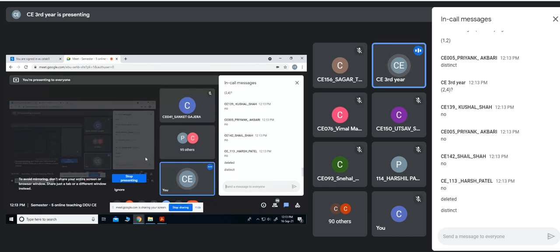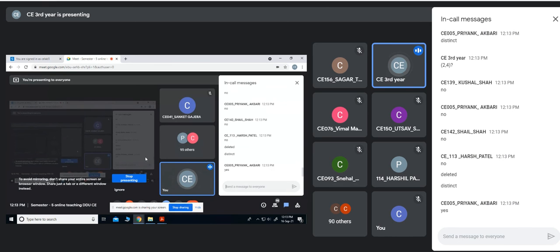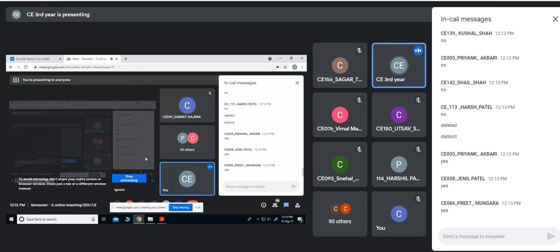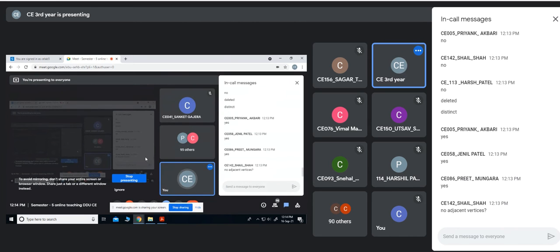No two elements of set A, distinct is fine, but not even sharing a common point, because we delete the incident edges to a vertex. So no adjacent vertices will be there.